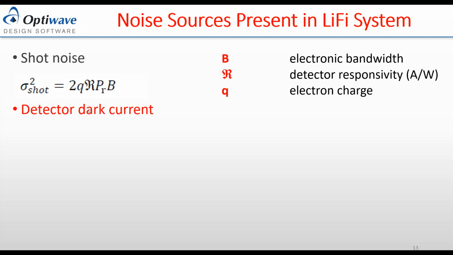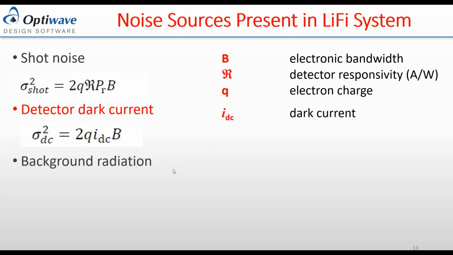The other type of noise source in this LiFi channel is the detector dark current. The noise related to the dark current has almost the same formula, where instead of R P_R, we have I_DC, the dark current parameter.